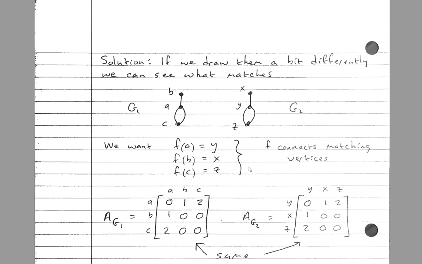So to check that condition, the best way to do it is to use adjacency matrices. Okay, so take the order ABC and draw the adjacency matrix for the first graph, G1.